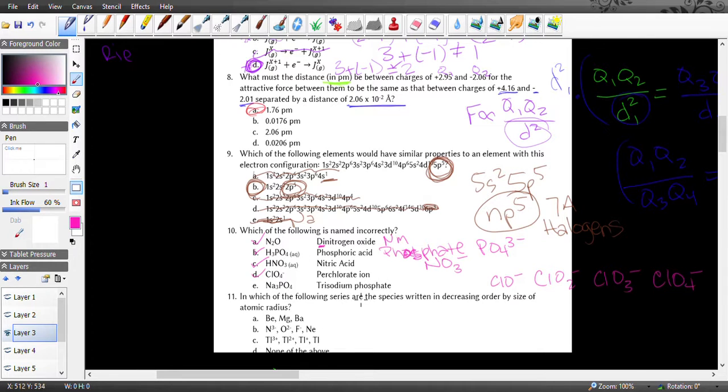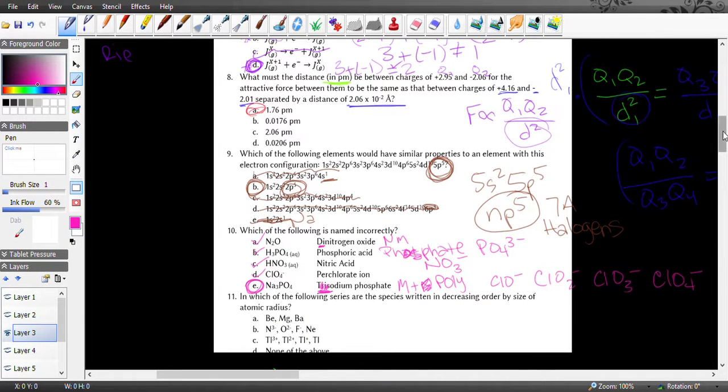Beautiful. Trisodium phosphate. Now, this is between a metal and a non-metal, a polyatomic. So we do not use prefixes. So this would just be called sodium phosphate. So that's your answer, E.